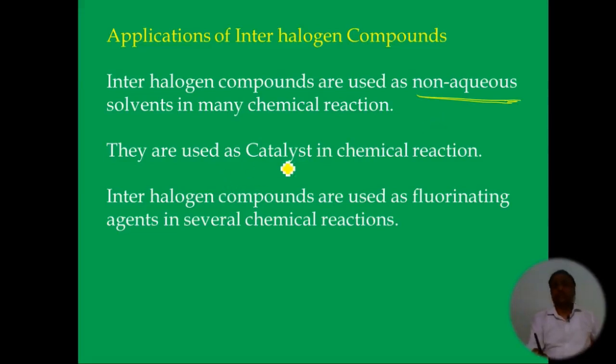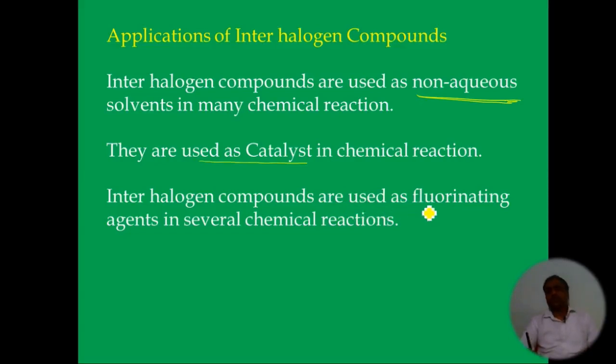They are used as a catalyst in chemical reactions. Interhalogen compounds are used as fluorinating agents in several chemical reactions. In previous slides we have already seen various properties, and these properties can be used, and thus these are some applications of interhalogen compounds.